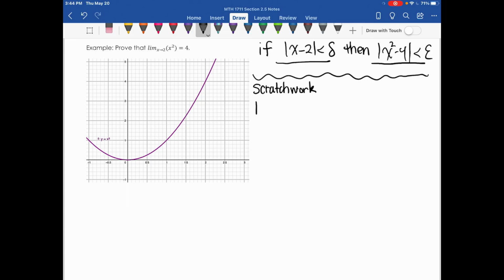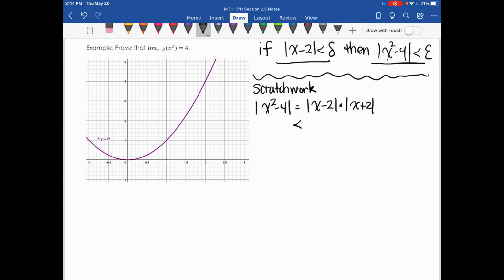So we're going to start with the absolute value of x squared minus 4. We know we want that to be less than epsilon. I'm going to factor this into the absolute value of x minus 2 times the absolute value of x plus 2.